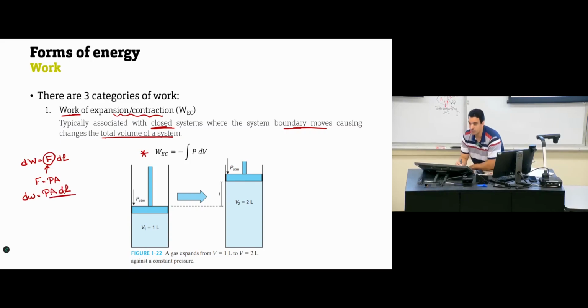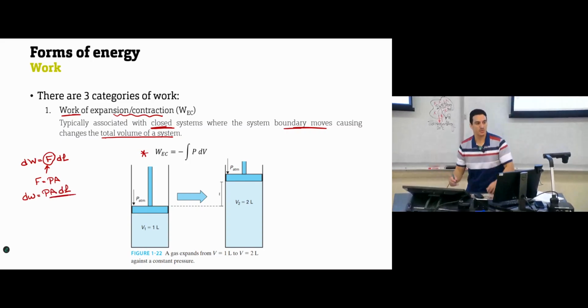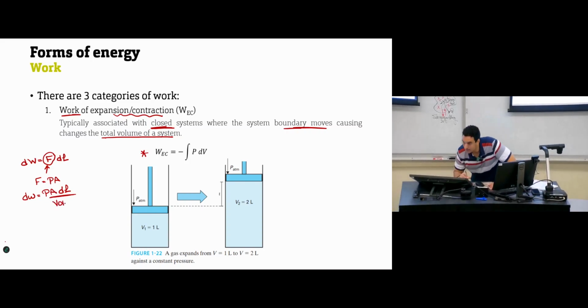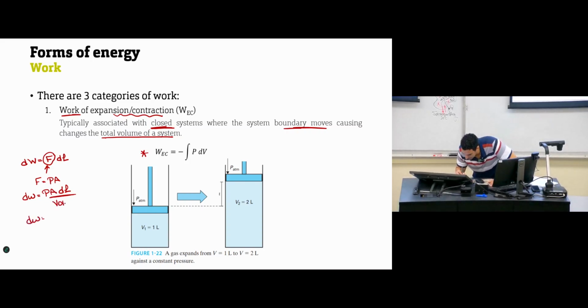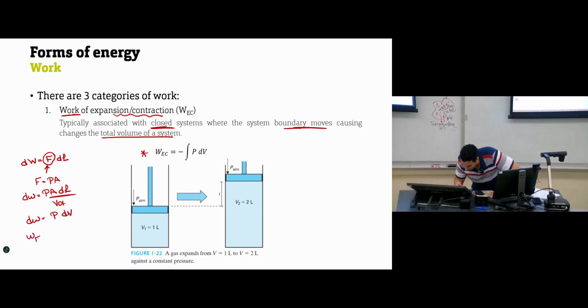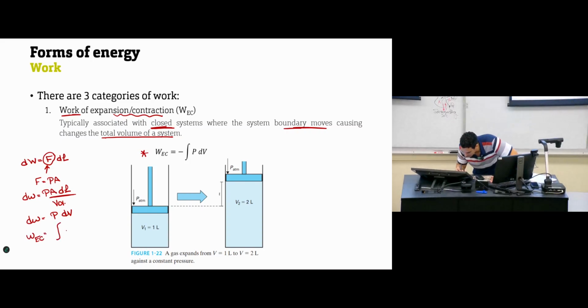And if you remember from the previous lecture, when we explained the basic units, area times distance is equivalent to volume. So dW is P dV. Just integrate both sides, and the work of expansion and contraction will be the integration of P dV.